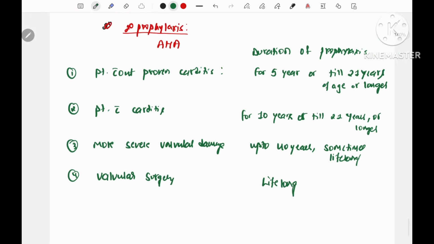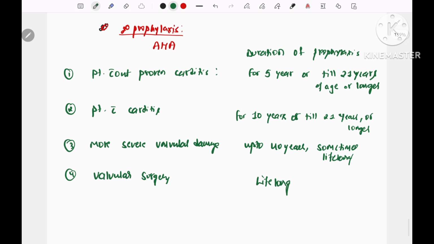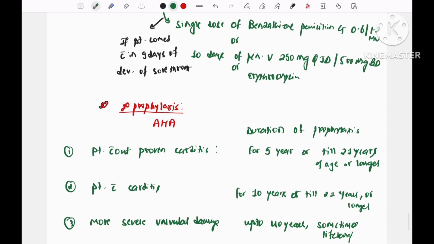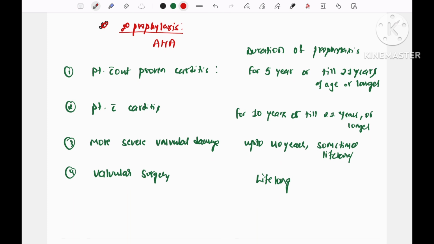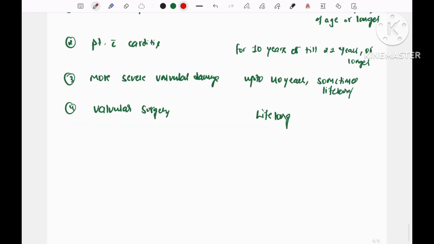So this is the table which is given by the American Heart Association for the prevention of rheumatic heart disease. And now we know how frequently we have to give this antibiotic.